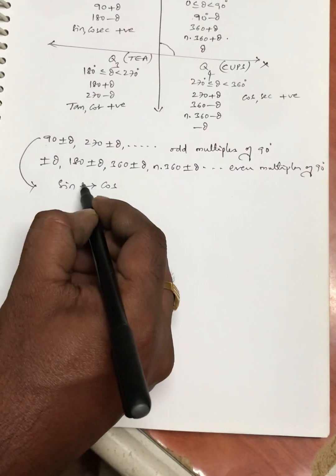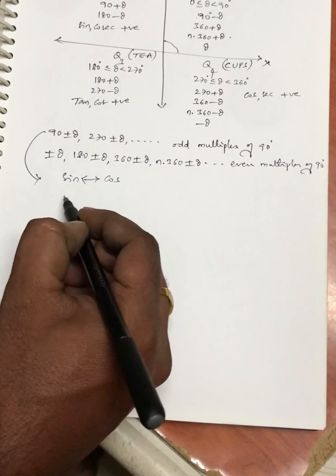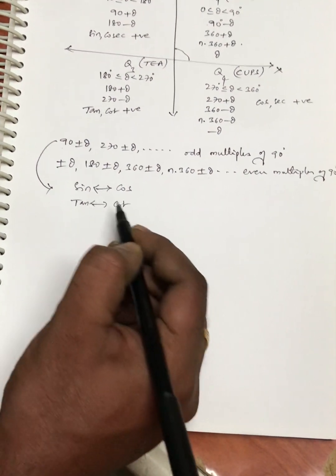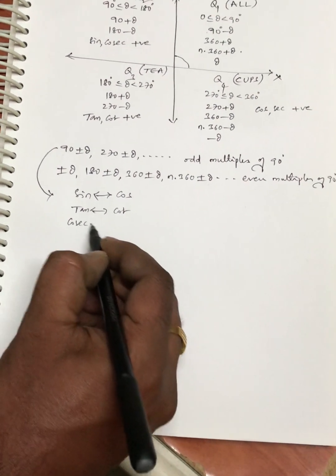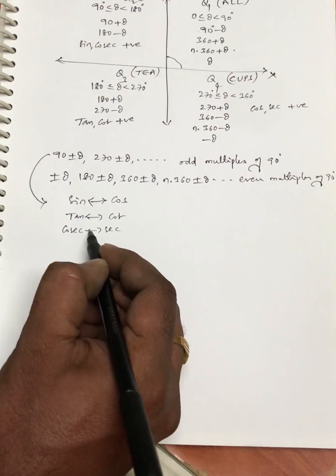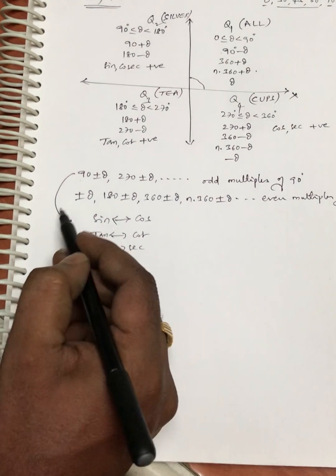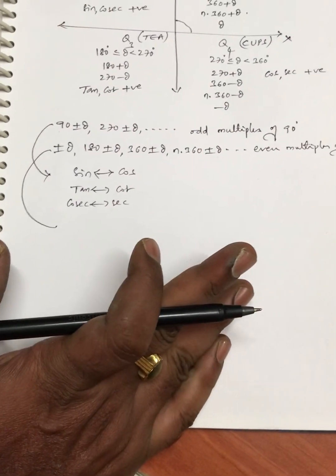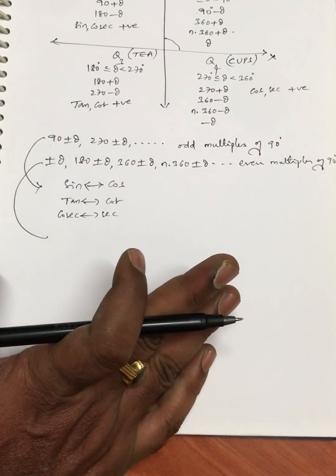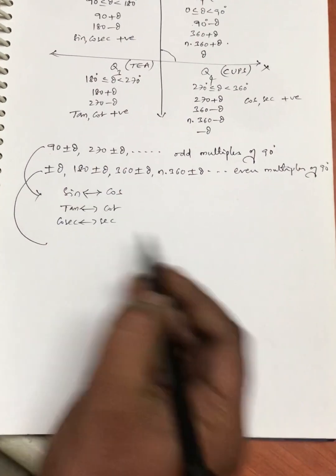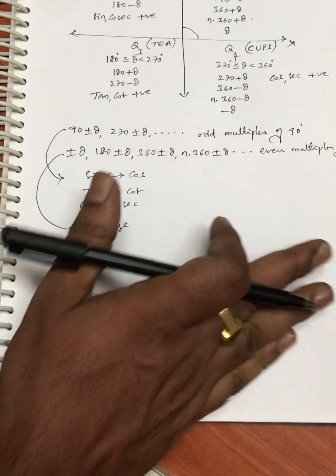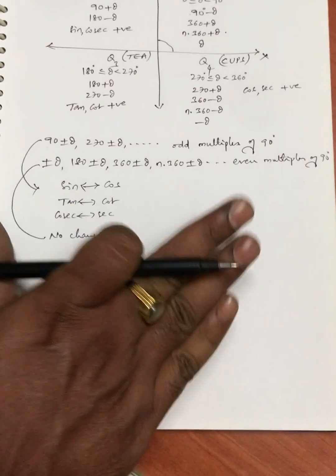If cos is there, it will be changed to sine. Tan will be changed to cot, and cot to tan. Cosecant is changed to secant, and secant to cosecant. Now coming to even multiples of 90 degrees, the ratios will not change. The ratios will remain as they are. Okay, for even angles, no change.